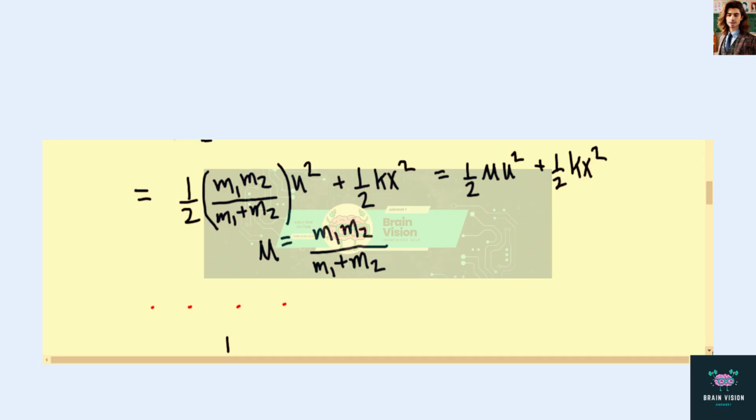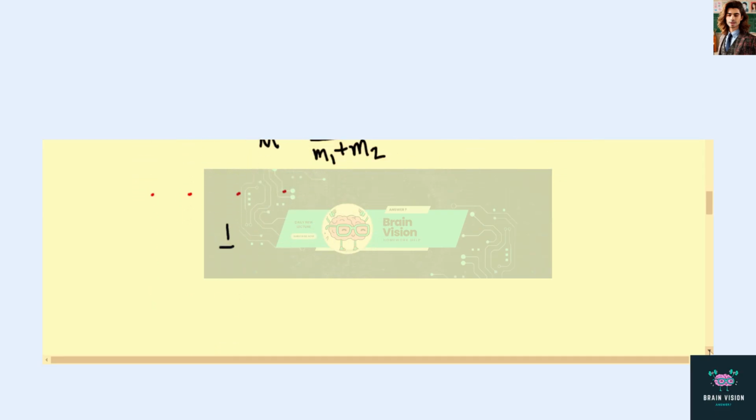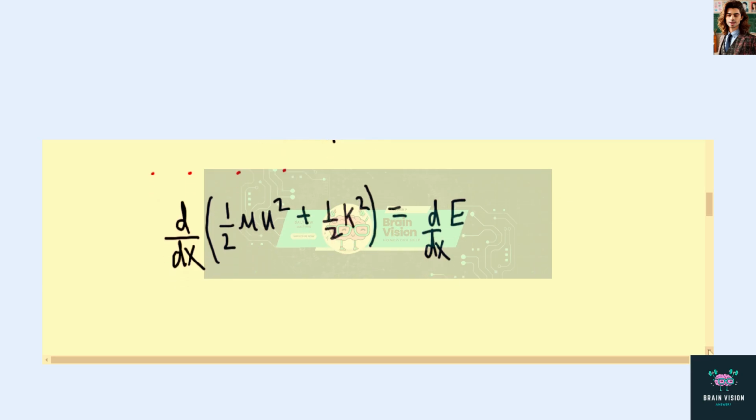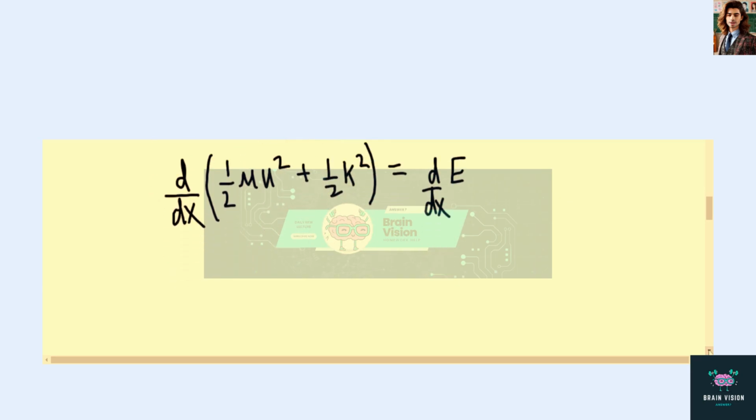So continuing, we also would like to take a derivative of our energy equation and see what we can get from that. We have our two terms. And of course, since the energy is conserved, it's a constant.